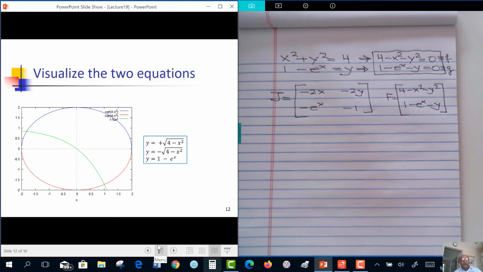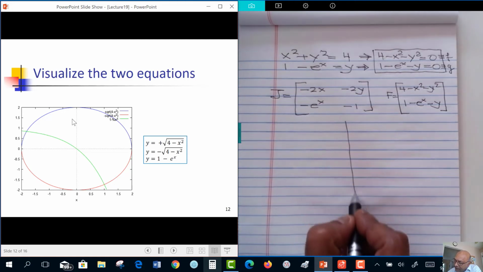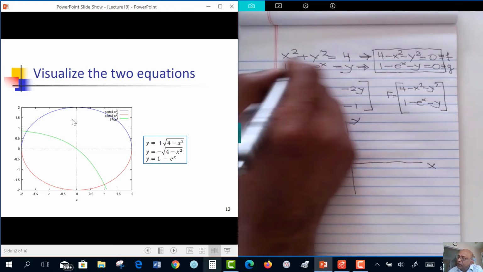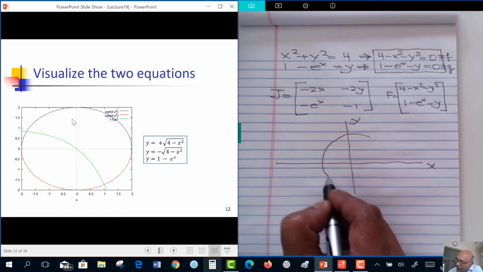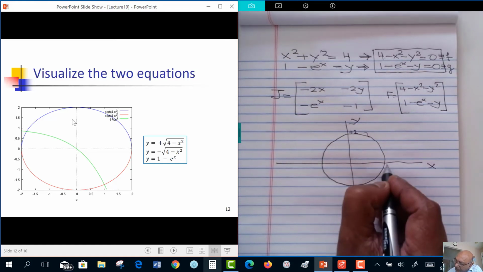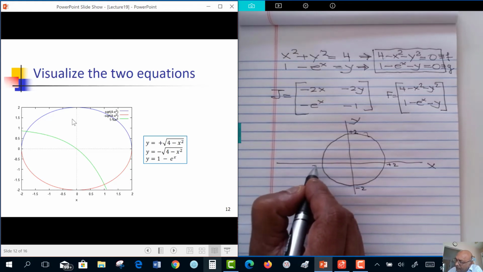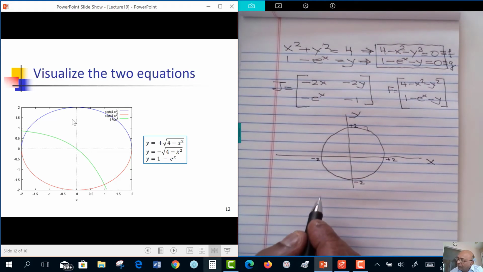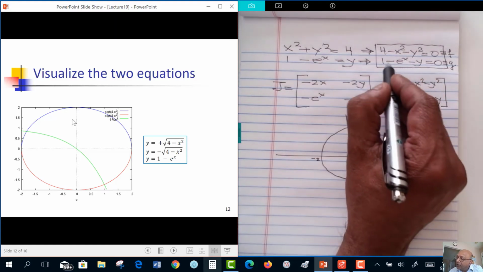So let's visualize these two equations. Of course I used a computer to draw it on my slide here, but it is easy to visualize this. Let's say this is x, this is y. We know this is the equation of a circle centered at the origin. So this is plus 2, minus 2, plus 2, minus 2. Like that, right? Now let's plot this equation.